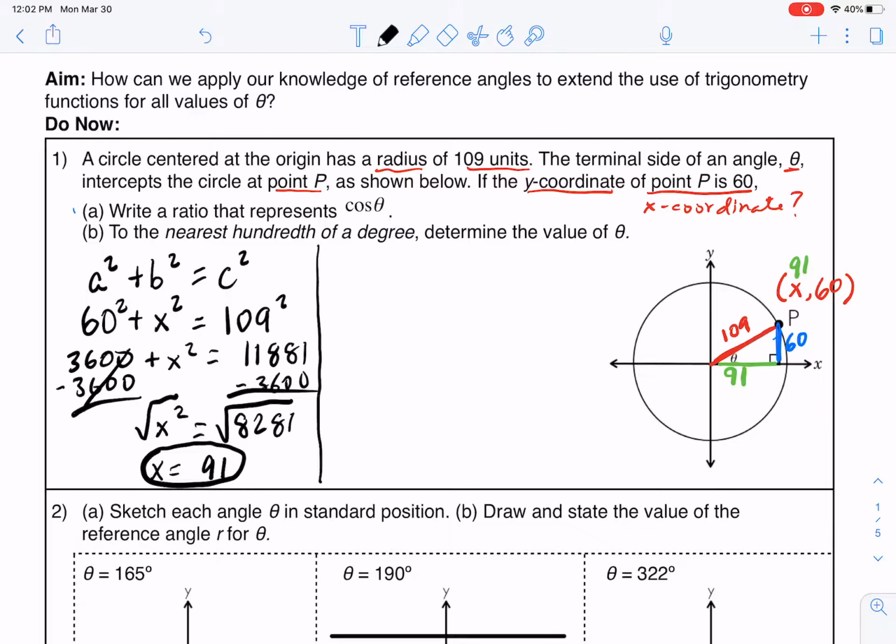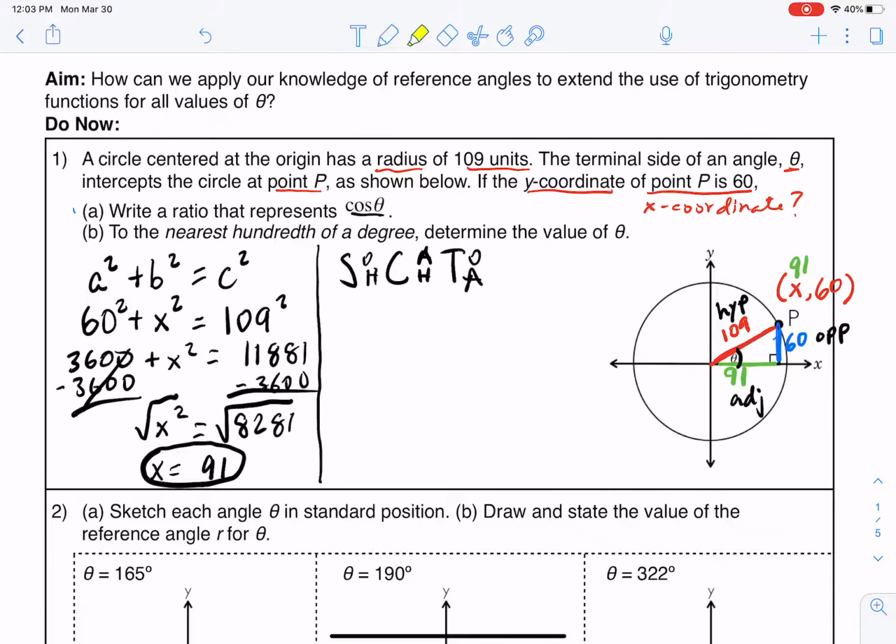All right, so we need to write a ratio that represents cosine of theta. Now I'm going to just label my triangle based on where that angle theta is. So there's the location of theta, meaning the side opposite is 60, the hypotenuse is 109, and the adjacent side is 91. Okay, so remembering our three ratios, we've got SOH CAH TOA.